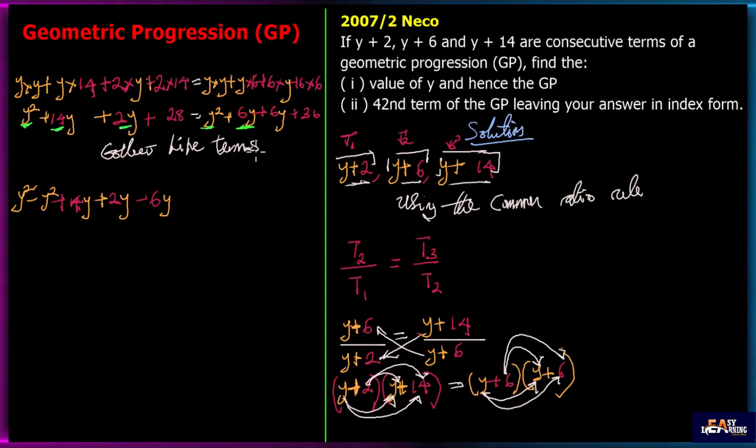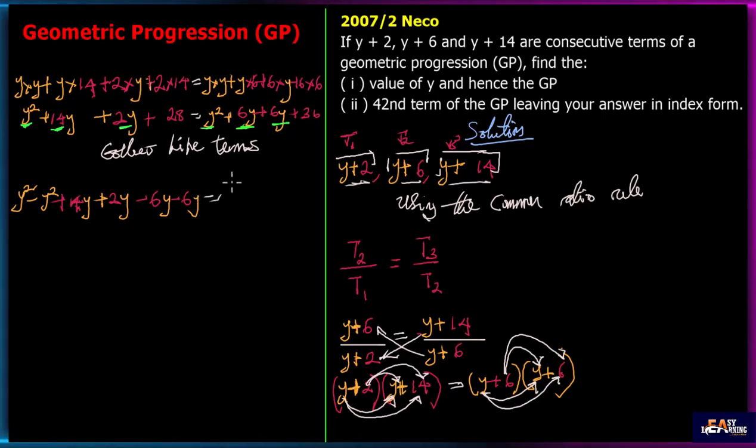Now this also will cross the sign of equality, and it will become minus 6y as well. So we can now equate it with the right hand side.